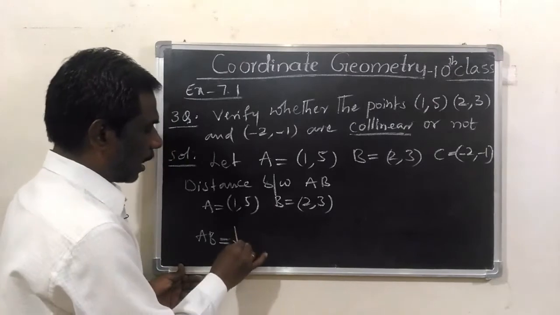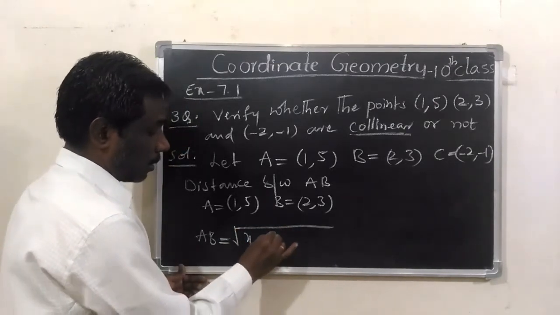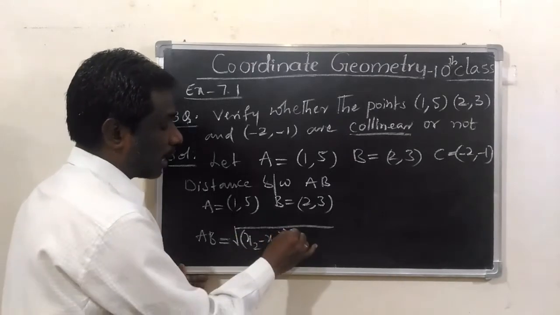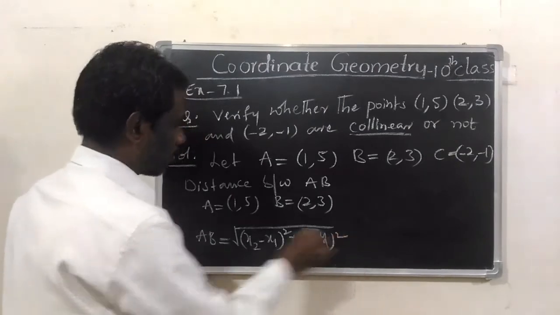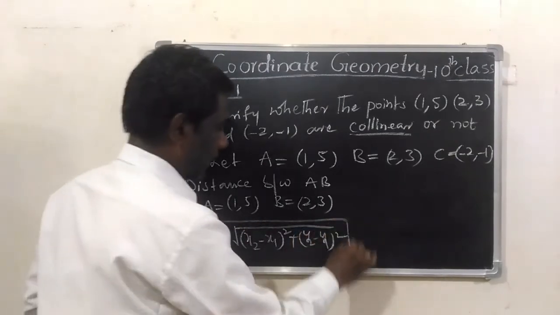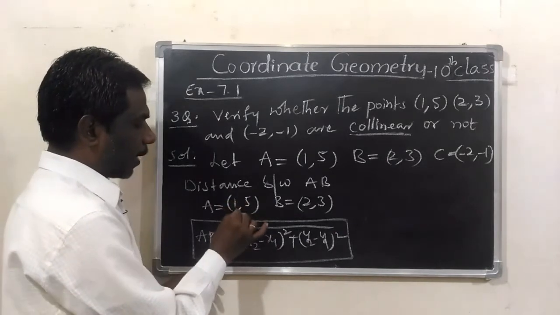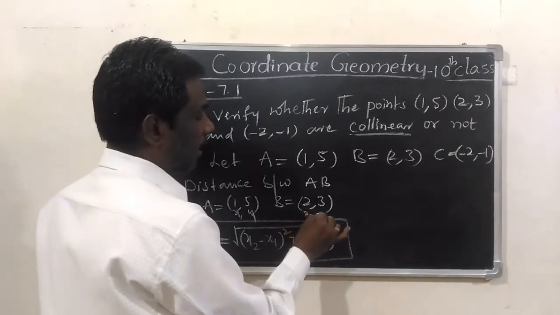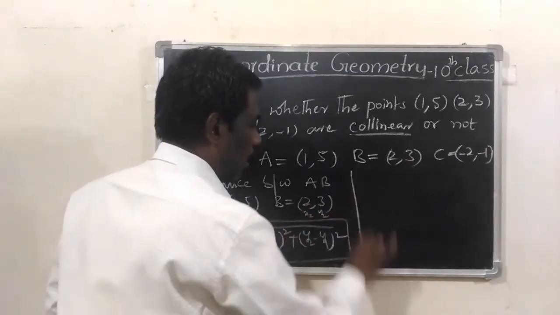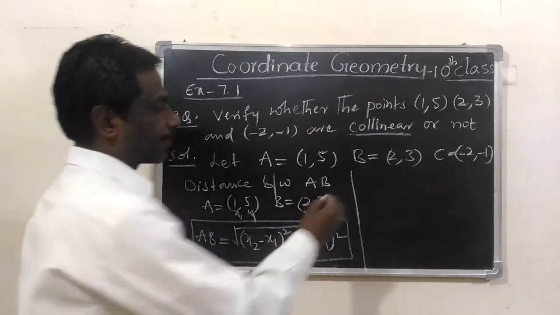That's why I am using the formula, square root of (x2 minus x1) whole squared plus (y2 minus y1) whole squared. Let the first point coordinates be x1, y1 and the second point coordinates be x2, y2.